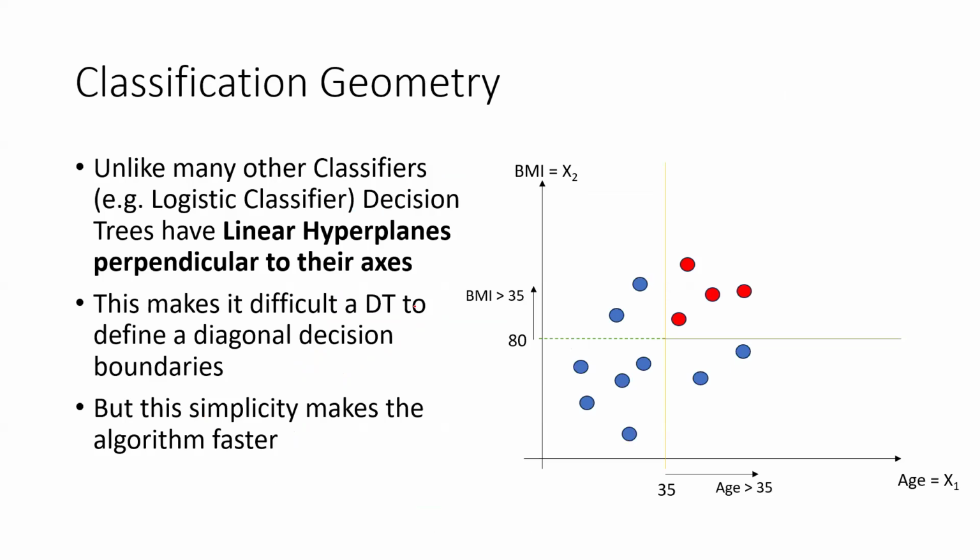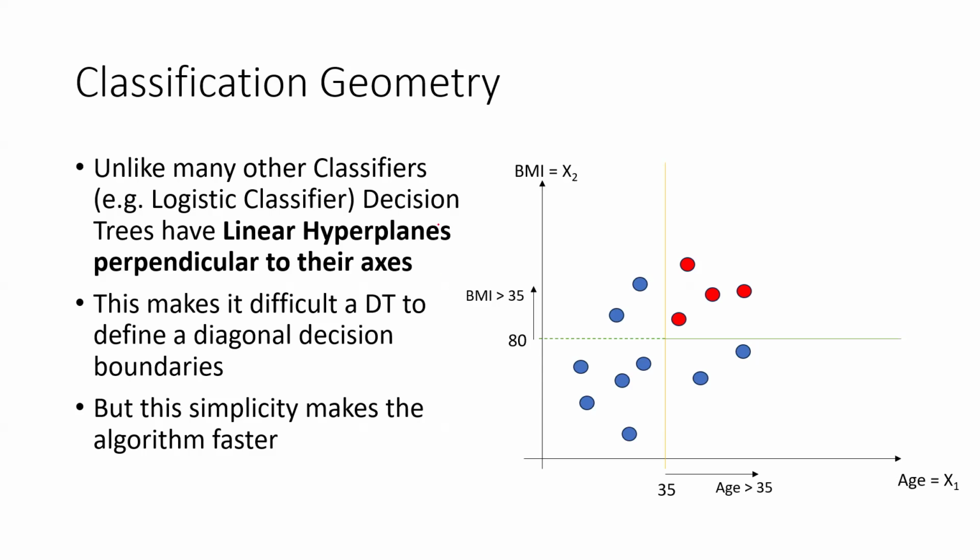Okay, now let's look at the classification geometry. That means when you represent the classification problem, which we studied mathematically, how these data points are classified in Cartesian coordinates, and how this classification happens in a decision tree.